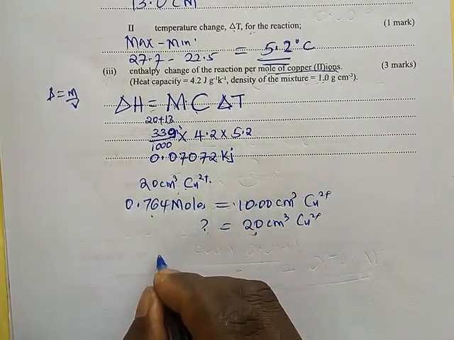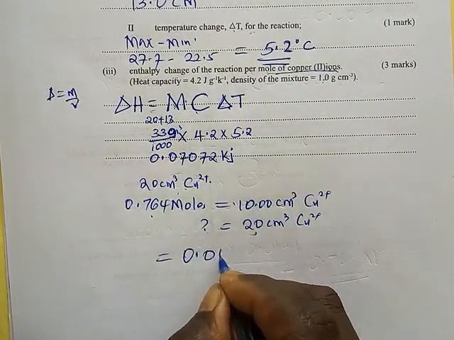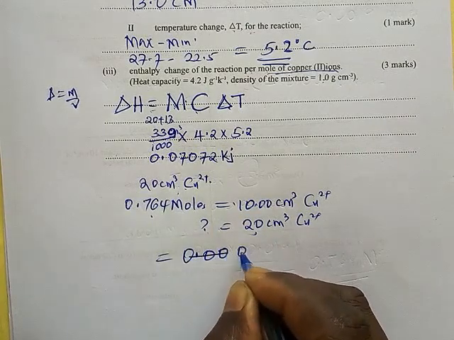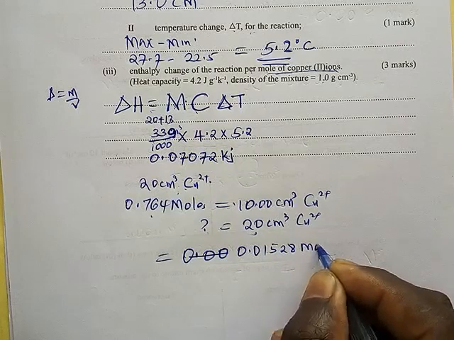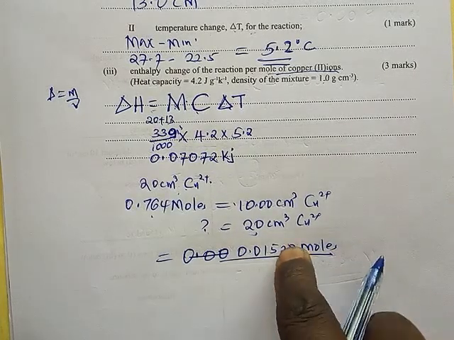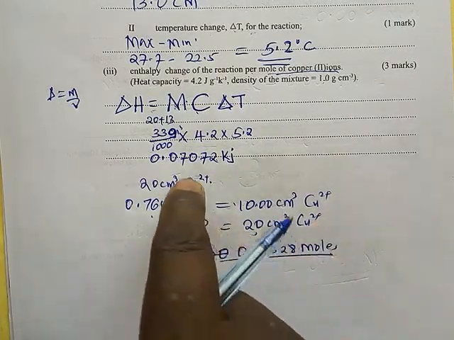This times 20 divided by 1,000 gives us 0.01528 moles.